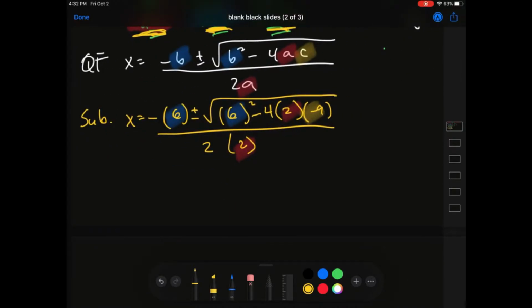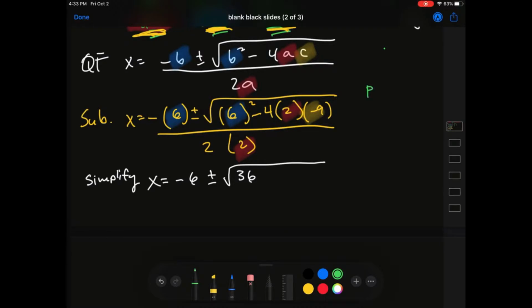Okay. Next, we need to simplify. The opposite of positive 6 is negative 6. It's not 6 times 2, it's 6 squared. So 6 times 6 gives me 36. Okay, this one I like to do in chunks. The reason why I'm doing it in this chunk is the order of operations, right?